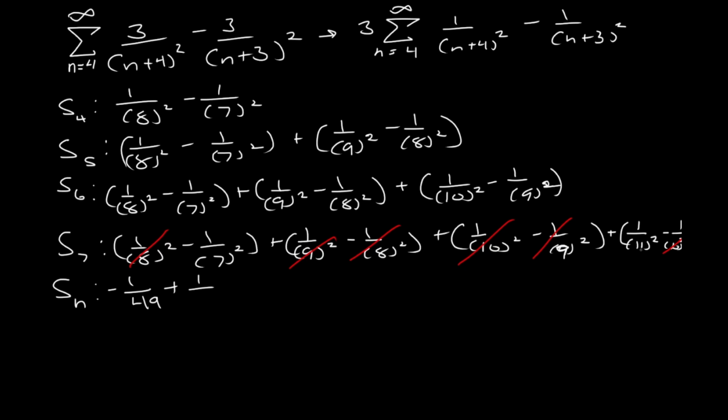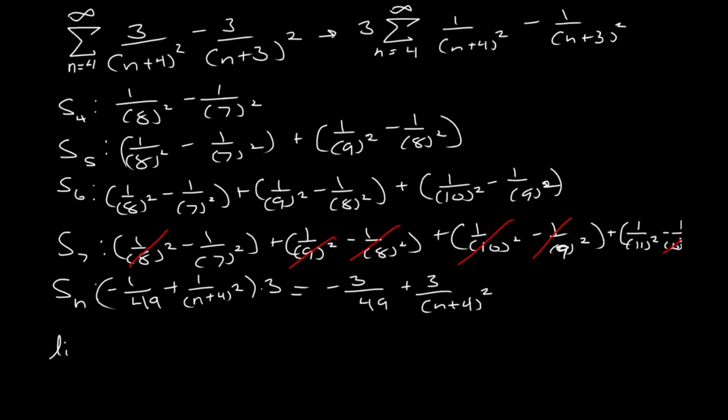This term is 11, and 11 is 4 more than 7, meaning that we will add n plus 4 to it, and we can square this. And that's our general solution, except that we need to multiply this now by 3, because we took out a 3 before, which will leave us with negative 3 divided by 49 plus 3 divided by n plus 4 squared.